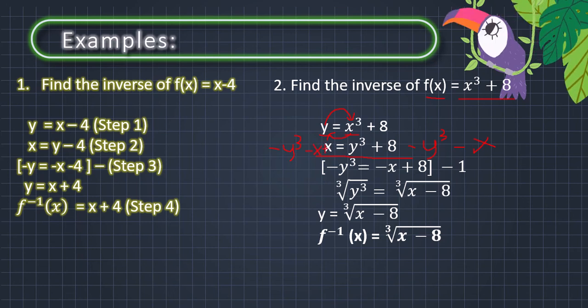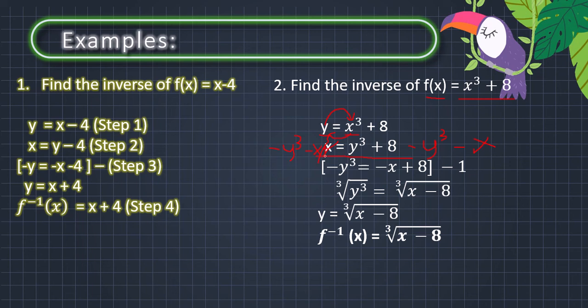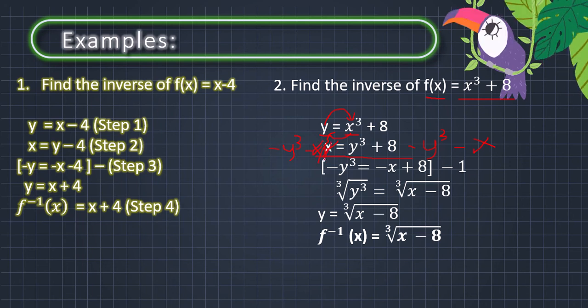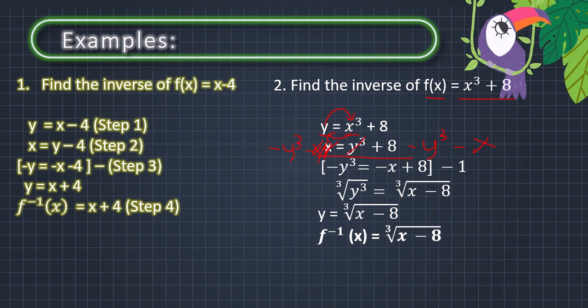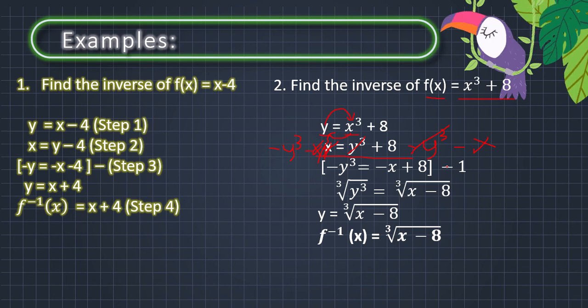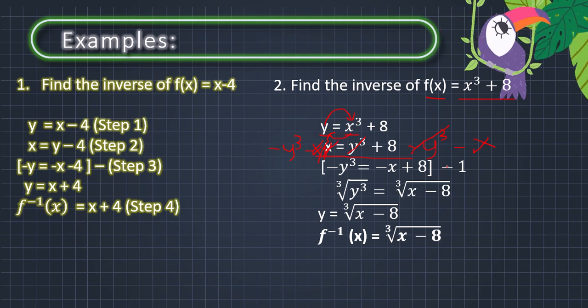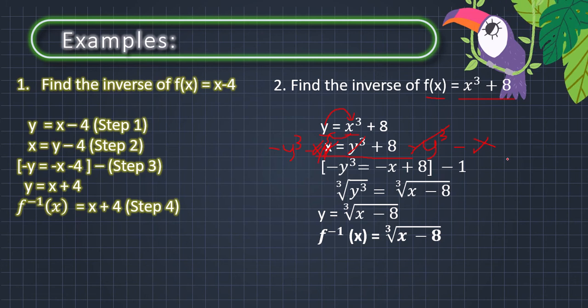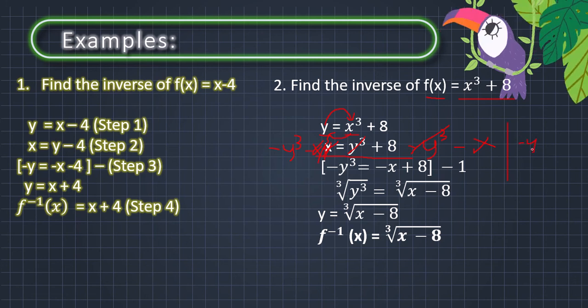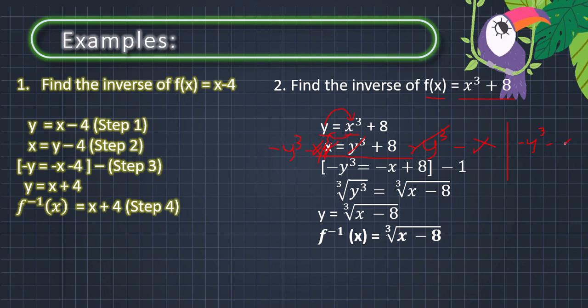Okay, so there is a plus sign here, so we cancel out x and negative x because they are additive inverses. And we also cancel out y cubed and negative y cubed because they are additive inverses, which makes it 0. And for our remaining expression, it's going to be negative y cubed is equal to negative x plus 8. And you can see it there below.